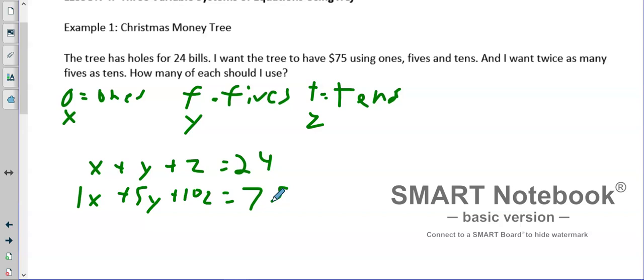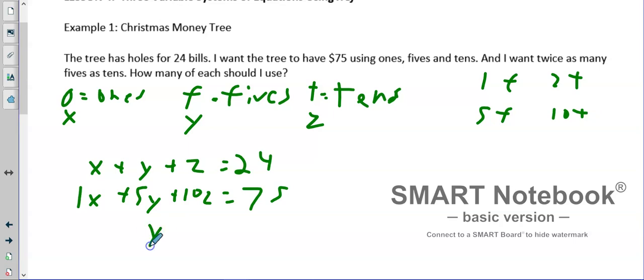Think about that. If I had 1 five, I want 2 tens. If I had 5 fives, I would want 10 tens. Twice as many. So how would we write that as an equation?